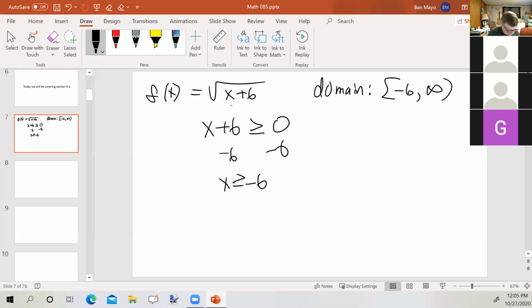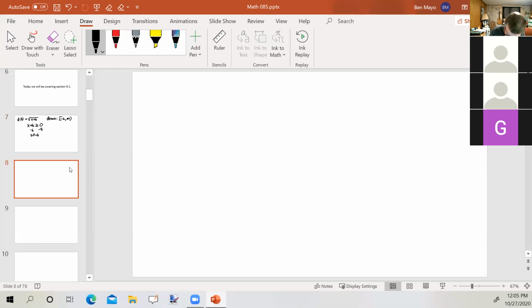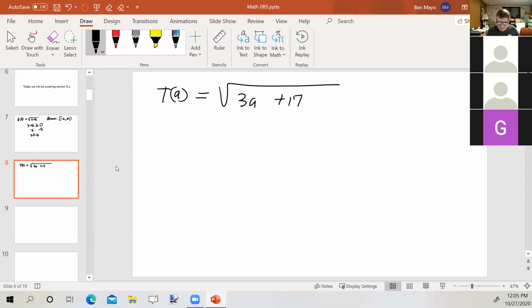Do you mind showing another example similar to that one? Not at all. I was going to anyway, but I especially will because you asked. All right, how about this one? T of a equals the square root of 3a plus 17. Since I'm taking an even root, the radicand has to be positive or 0.